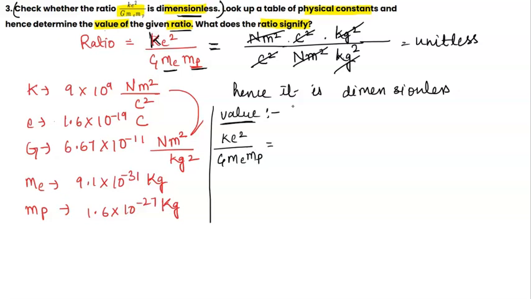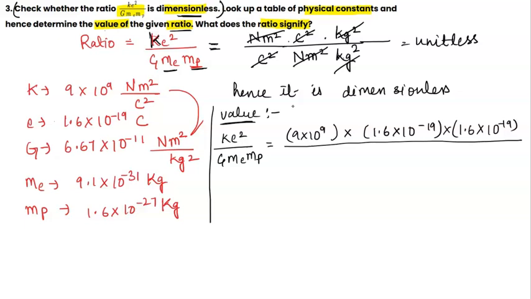Now substituting all the values: 9 into 10 to the power 9 into e square, that is 1.6 into 10 to the power minus 19 whole square, divided by G, 6.67 into 10 to the power minus 11, into the mass of electron, 9.1 into 10 to the power minus 31, into the mass of proton, 1.6 into 10 to the power minus 27.